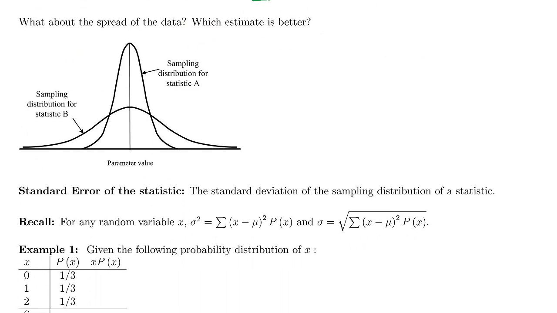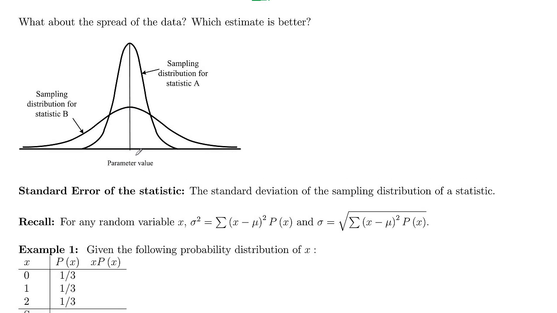So we talked about means. What about spread? What about the variation in the data? Which type of estimate is going to be better? So, well, let's say we have two sampling distributions here. So this is the sampling distribution for statistic B. And then this one is the sampling distribution for statistic A. And then down here is our parameter value right at the mean of both of those.